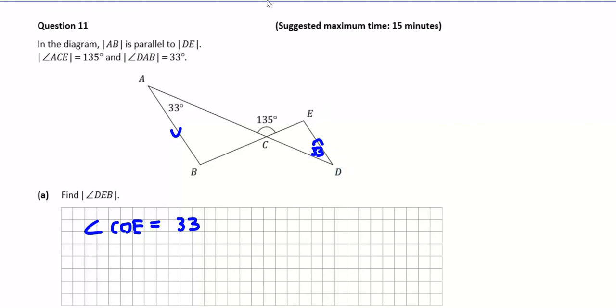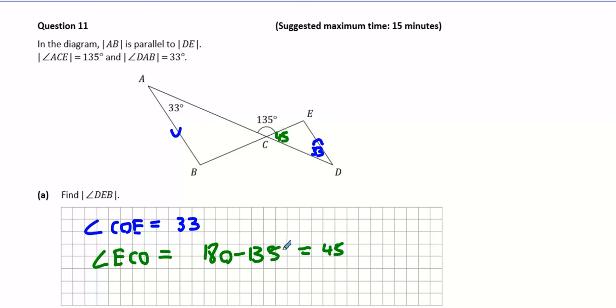This angle here, ECD, is going to be 180 take away 135, which is, I'm hoping, 45 degrees. Okay, so that's 45.